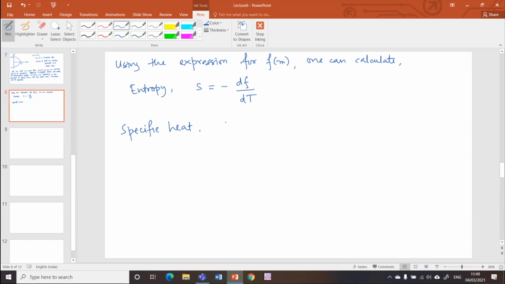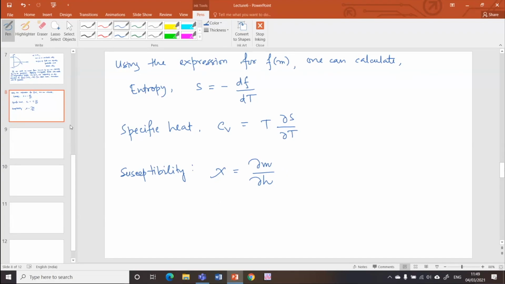Specific heat Cv will be T times del S del T. And susceptibility, which is del M del H. Of course H has to be present here in this case.